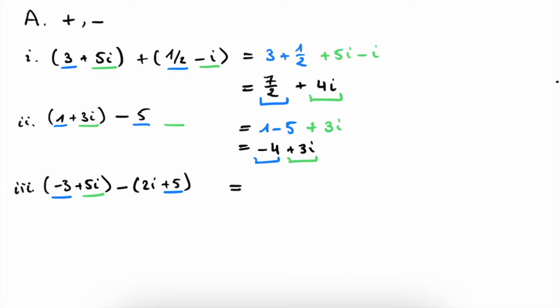Again, doing the operation, in this case a subtraction, with the real parts, we get -3 minus 5. And doing the same with the imaginary part, we get 5i minus 2i, which simply gives us -8 for the real part and plus 3i for the imaginary part.